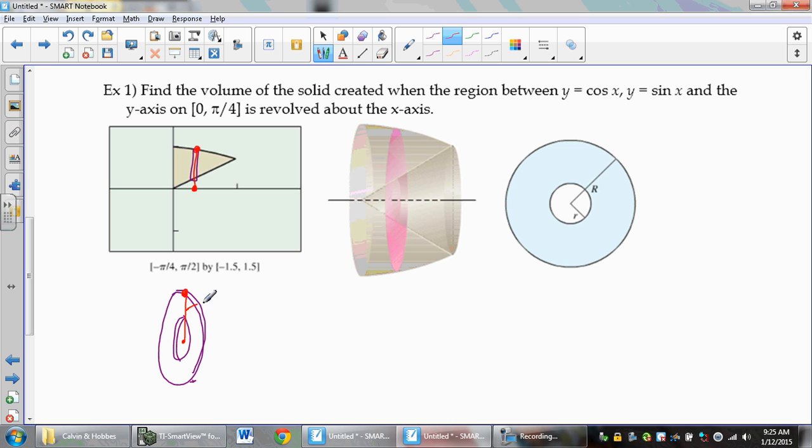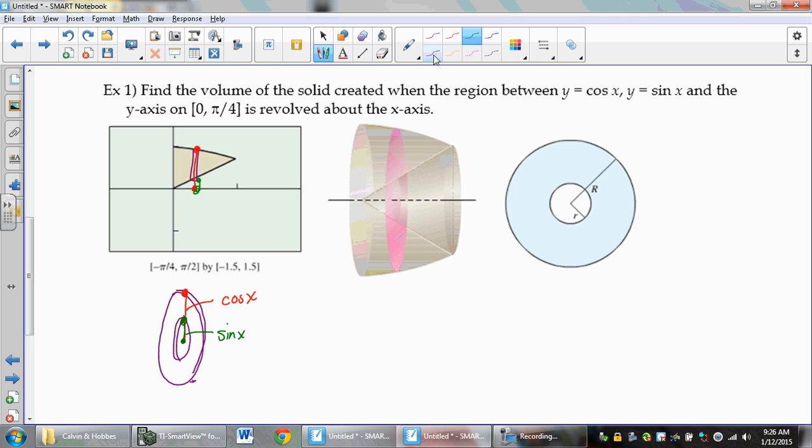My top curve would be cosine x, and my bottom curve is the x-axis, which is just technically y equals 0. So my outer radius is just cosine x. My inner radius, which I'll consider my green radius, is going to go from the center to the closer curve. So from the center to the closer curve would be sine x.